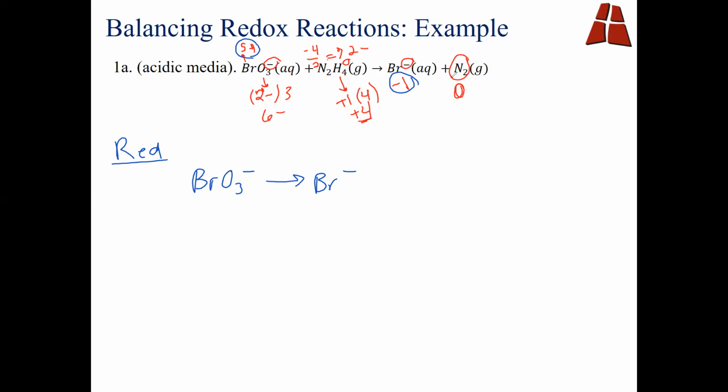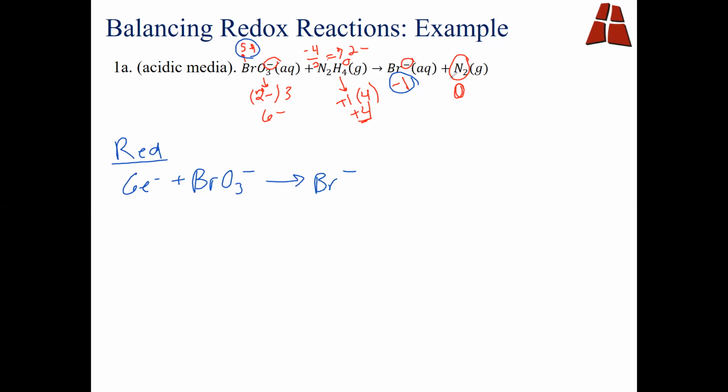In order to do this, we need to balance the electrons as well. If it goes from +5 to -1, that means we have 6 electrons on our reactant side, because that is the side that is more positive. Our electrons always go on the side that is more positive because electrons are negative. So we have 6 electrons.